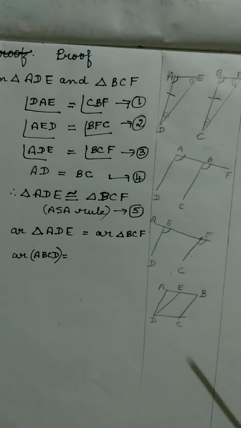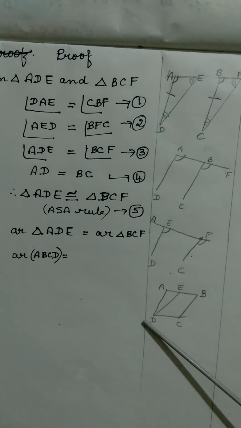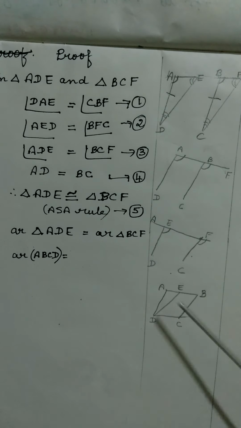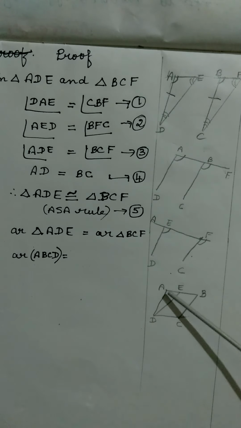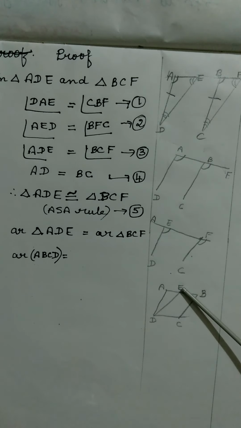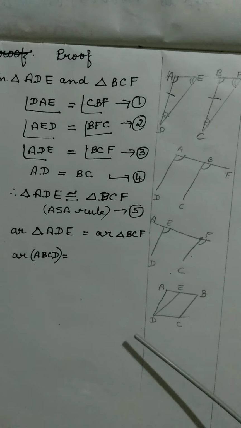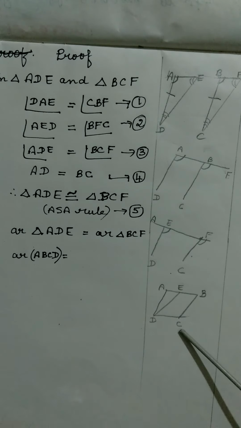The parallelogram is formed by the combination of a triangle and another parallelogram, that is triangle ADE and parallelogram EBCD, or it is EDCB.